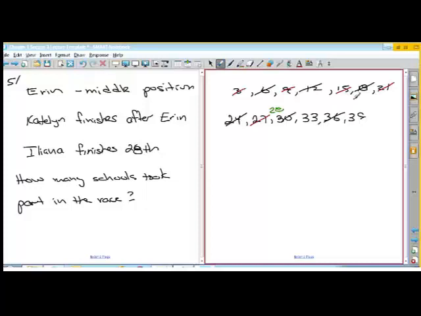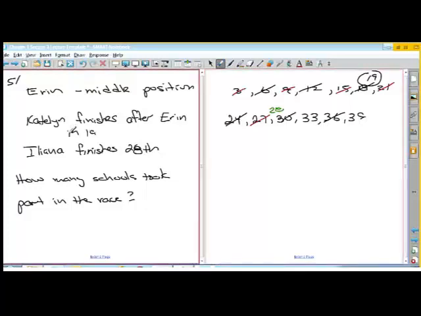Okay. Caitlin is here, and she finishes after, oh, they actually give her position. Okay, I was thinking there was something missing there that would help us. Okay, Caitlin finishes after Aaron in 19th place. Okay, that's one additional piece, because otherwise you could probably keep going on higher multiples.